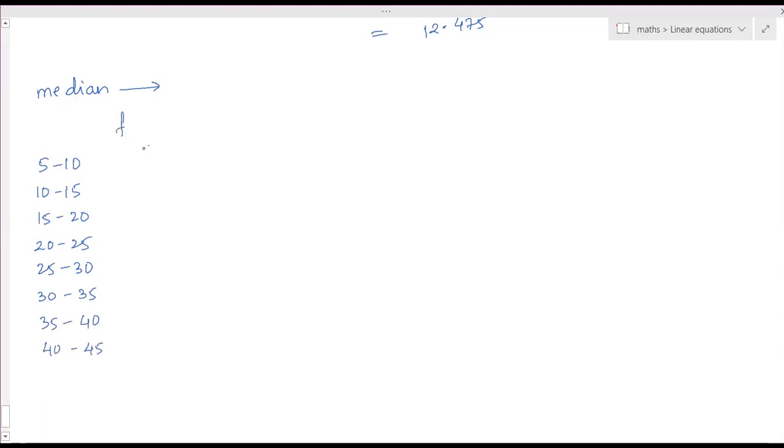The frequencies given are 5, 6, 15, 10, 5, 4, 2, 2. So the first step is to find the cumulative frequency.